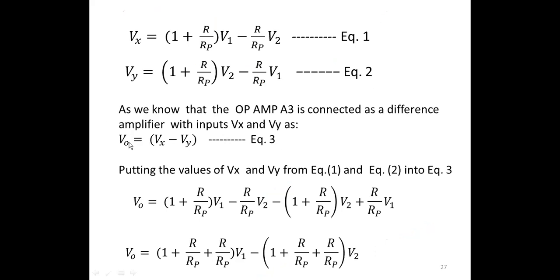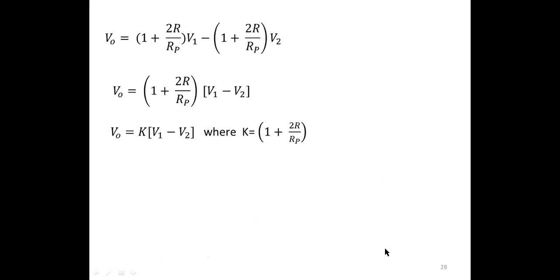So from this we can find out Vout as Vx minus Vy, and Vx and Vy are obtained earlier with these two equations. So by plugging the values of Vx and Vy in this equation, we will end up with this relationship, and after simplifying this, we will get this equation of the output of the op-amp with these two resistances connected in the circuit.